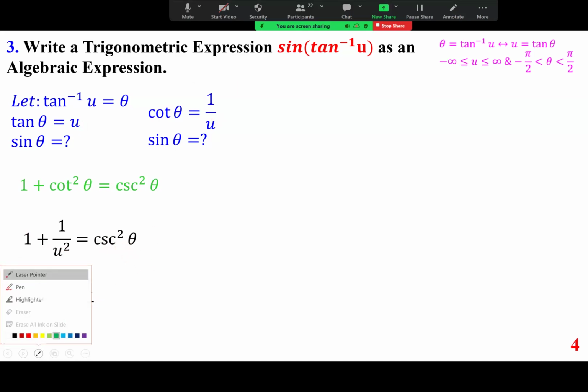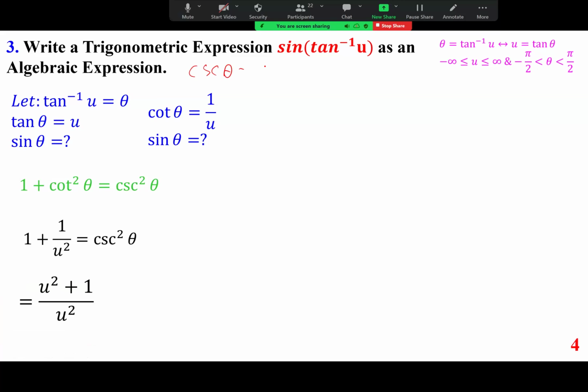Let me write that again. Cosecant theta is 1 over sine theta, which means sine is 1 over cosecant. Therefore, if cosecant squared is this, sine squared is the reciprocal of this.